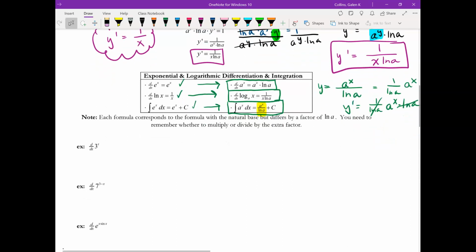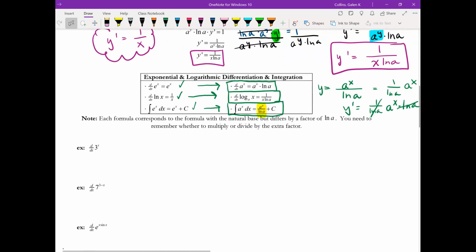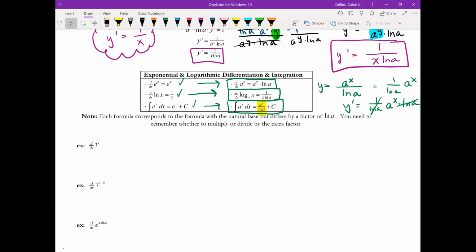All right, so at the bottom of the page, each of these examples corresponds with one of those formulas that are in the box for our exponential or logarithmic functions. And we've just got to be really careful that we're mindful of things like in the second example where we have 3 minus x.